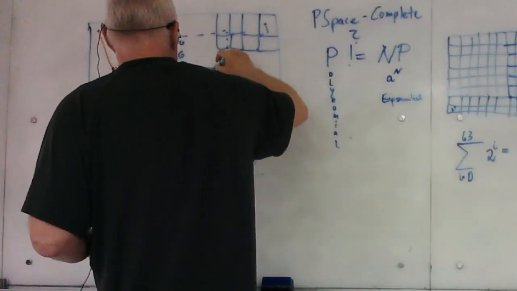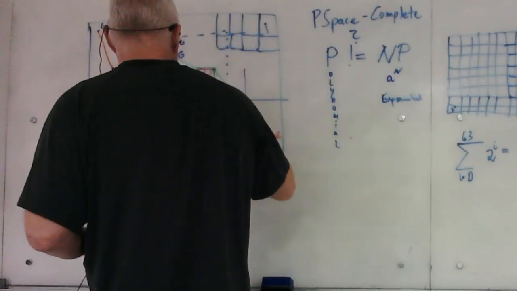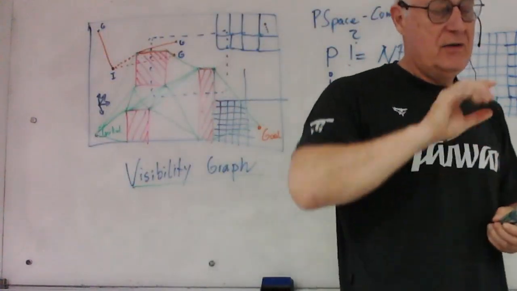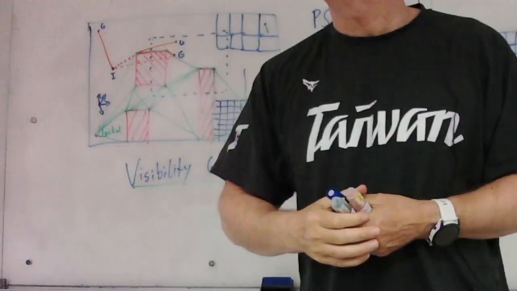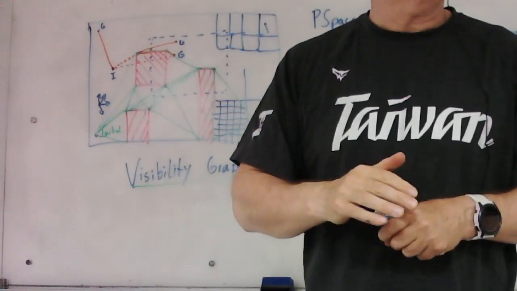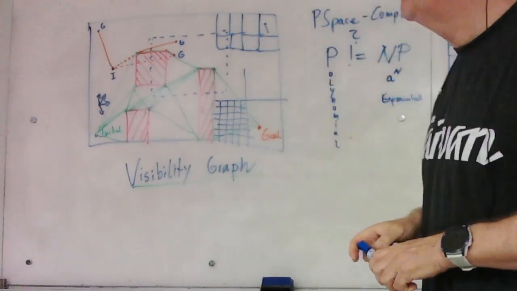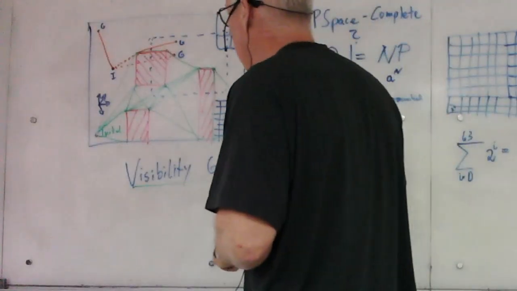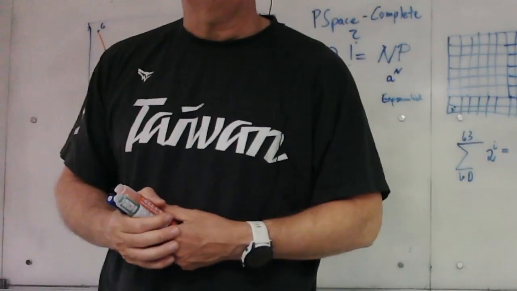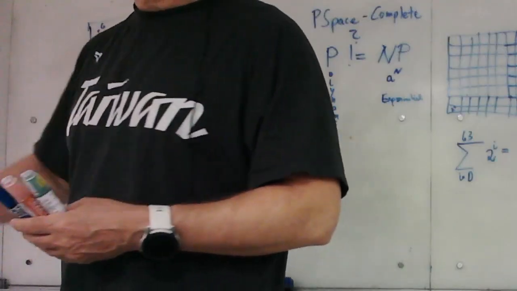From here, go to the goal, or go here. So these are all the lines of visibility that I have. And we can construct them because I can easily check if a path is blocked or not. That's the visibility graph, and the visibility graph theorem says that the shortest path will be on this set of green lines.